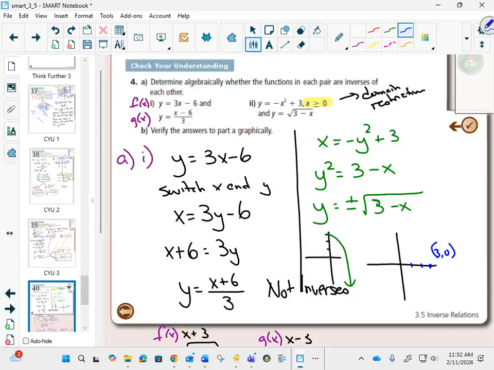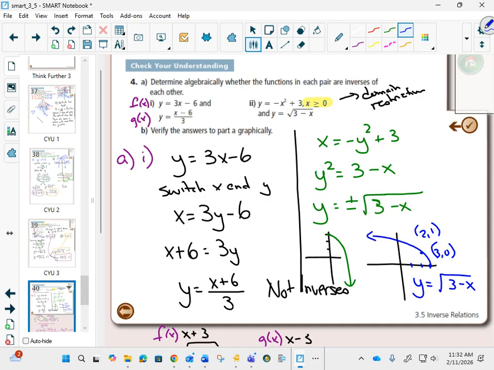Instead of 1, comma 2, I would have 2, comma 1. Does the blue graph have a vertical reflection? No. So you could tell graphically that it's the positive one.